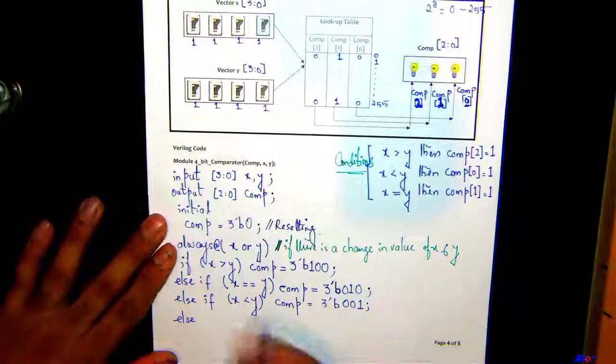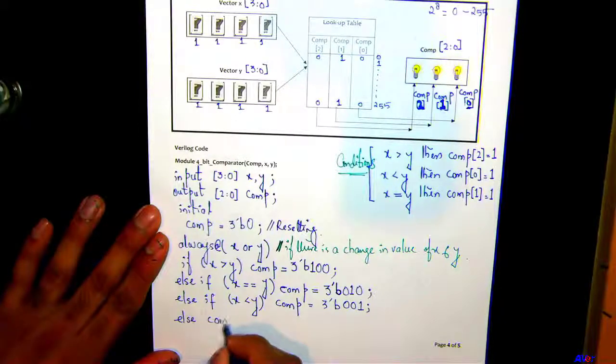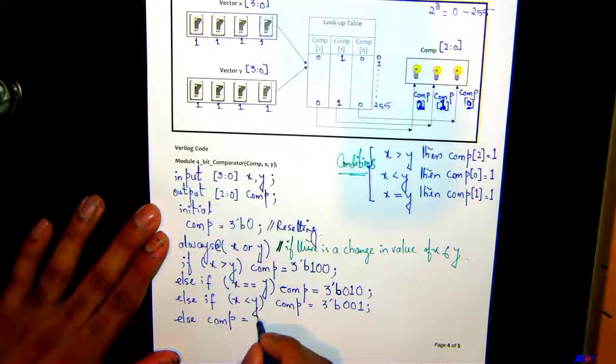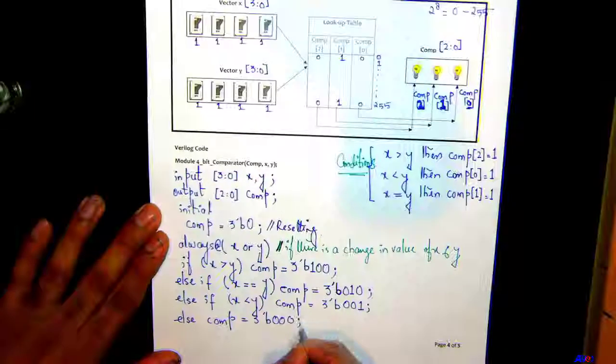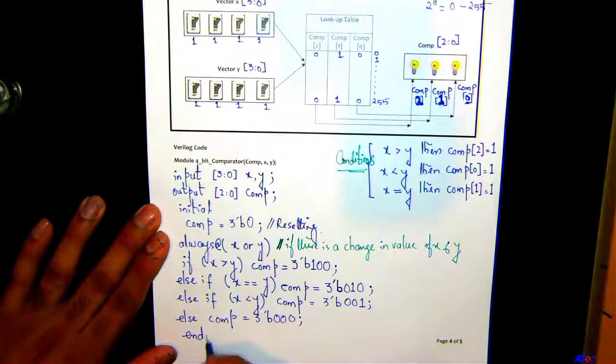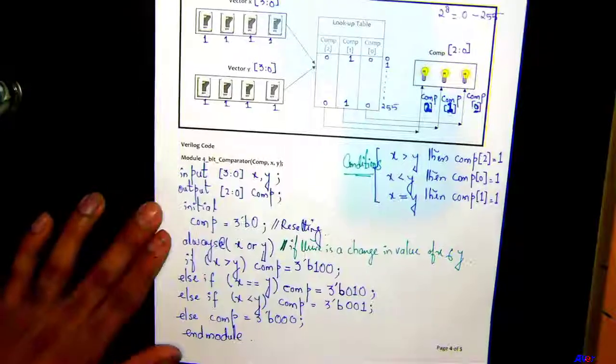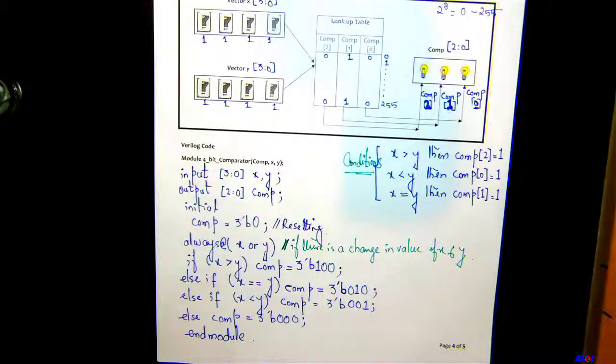Else we can just have all three at zeros, which we had initially. And then we say end module. Okay, perfect timing, 49. So this is the code for a comparator.